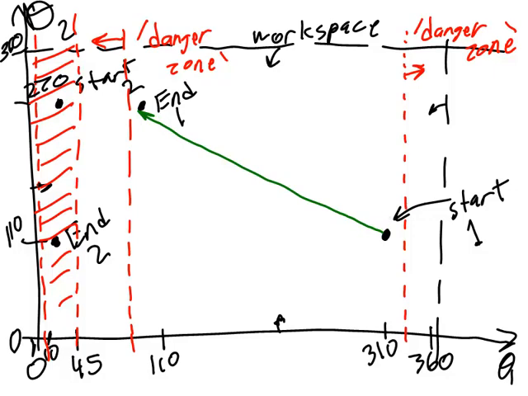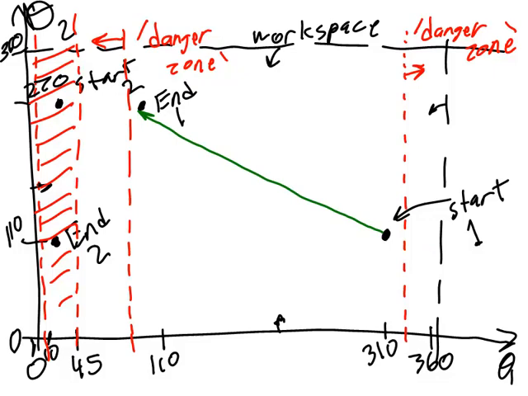Or I could plot a different path in Cartesian space, transform that path into this configuration space, and check to see if the points in the Cartesian path fall within the guaranteed collision zone or within the danger zone.